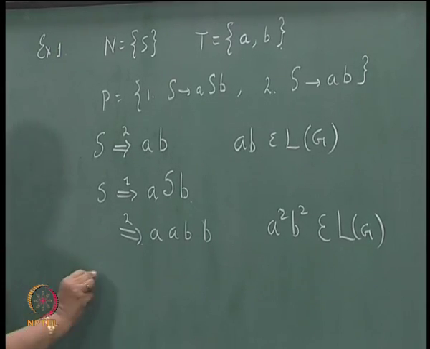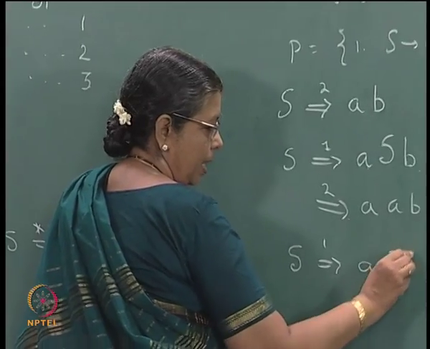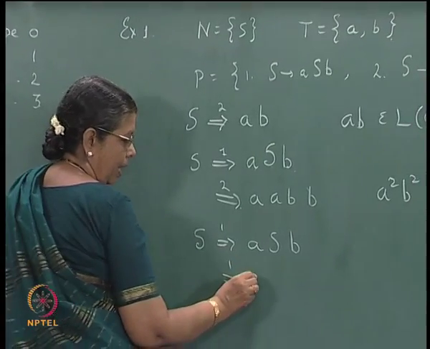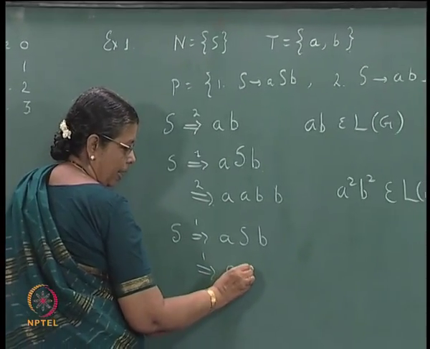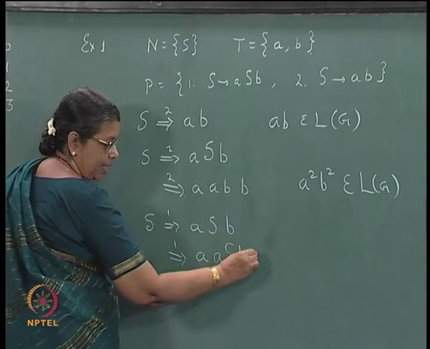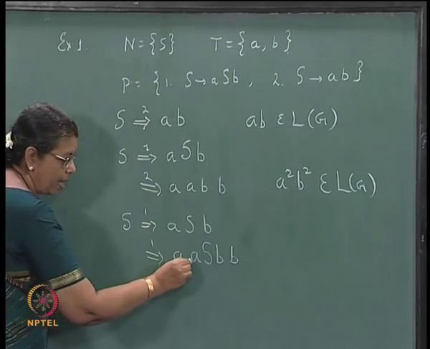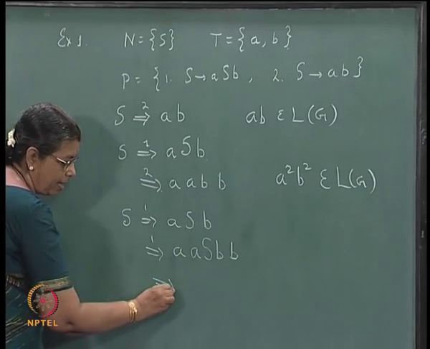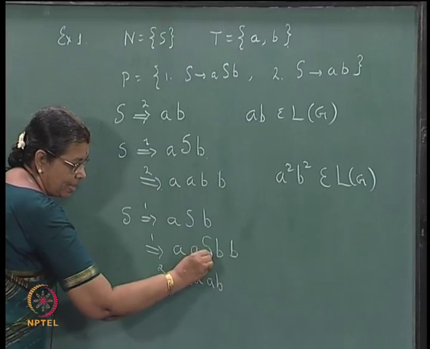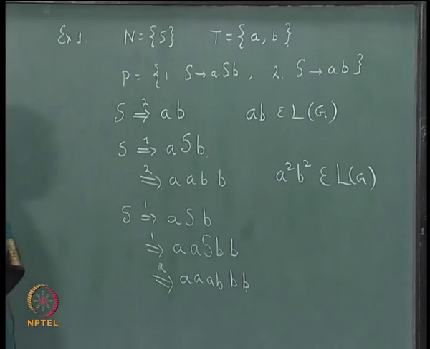And then use rule 1 first, you get ASB, then use rule 1 again. So, this S is replaced by ASB, and you have AASBB, and then use rule 2, S is replaced by AB, and you get AAABBB.